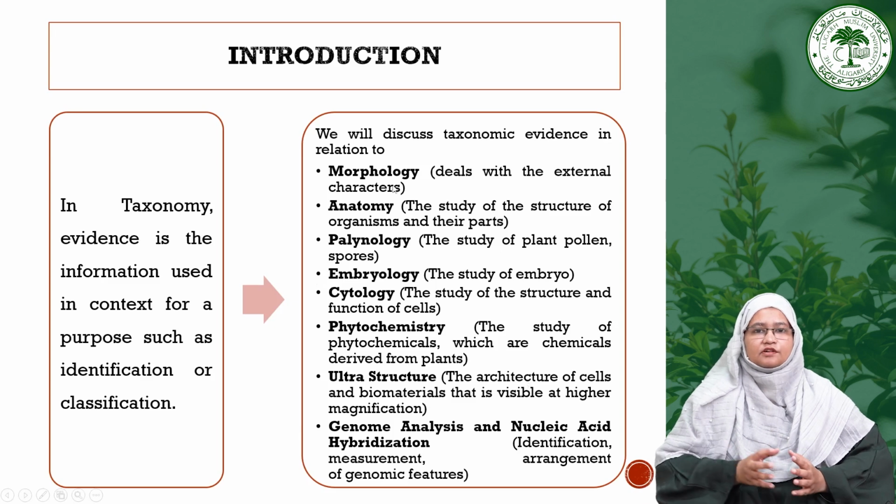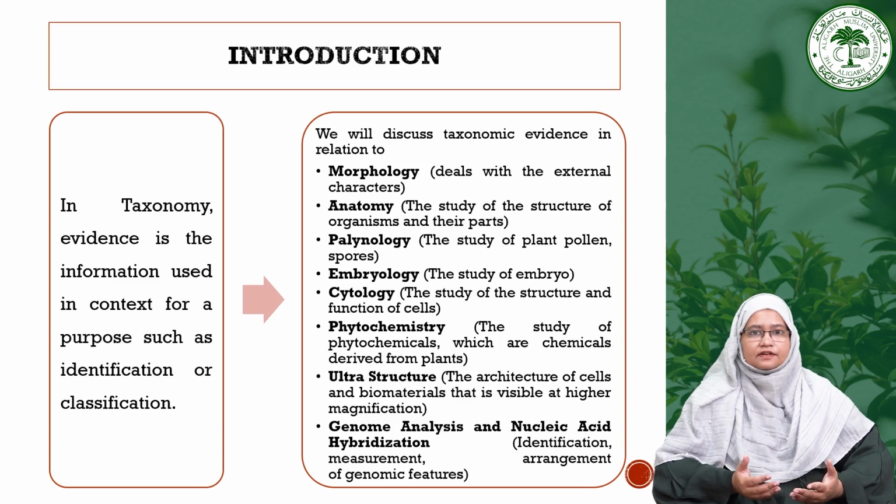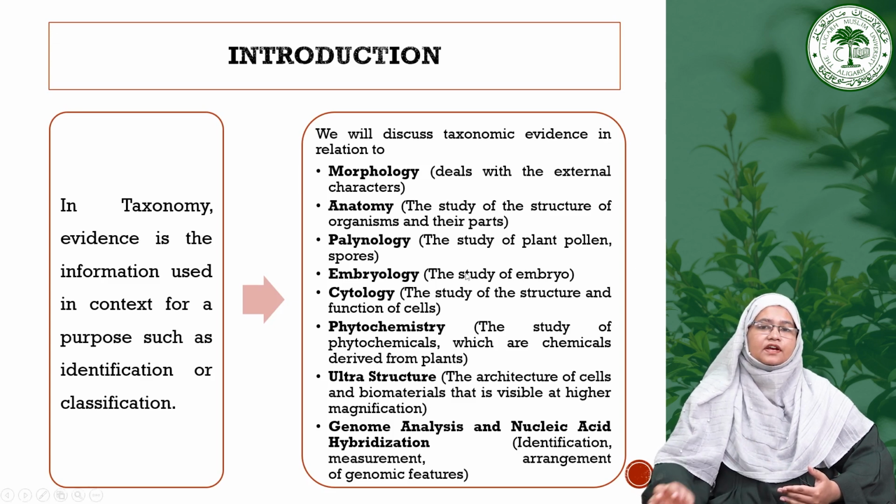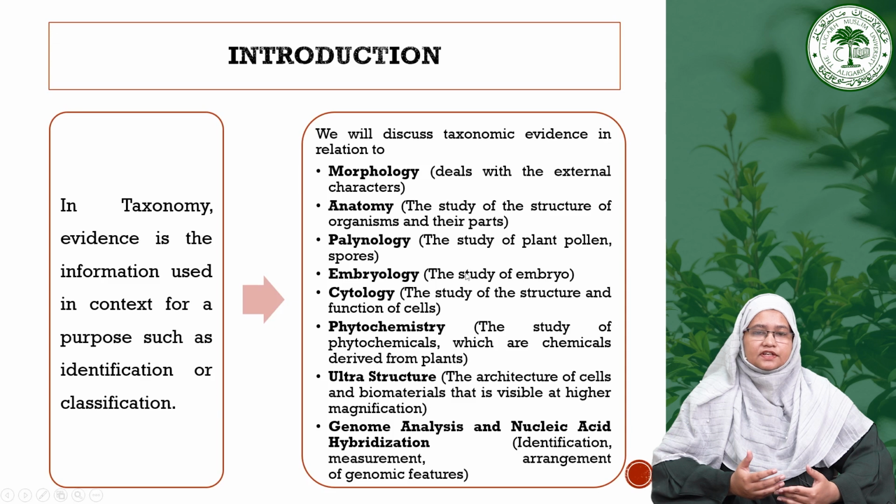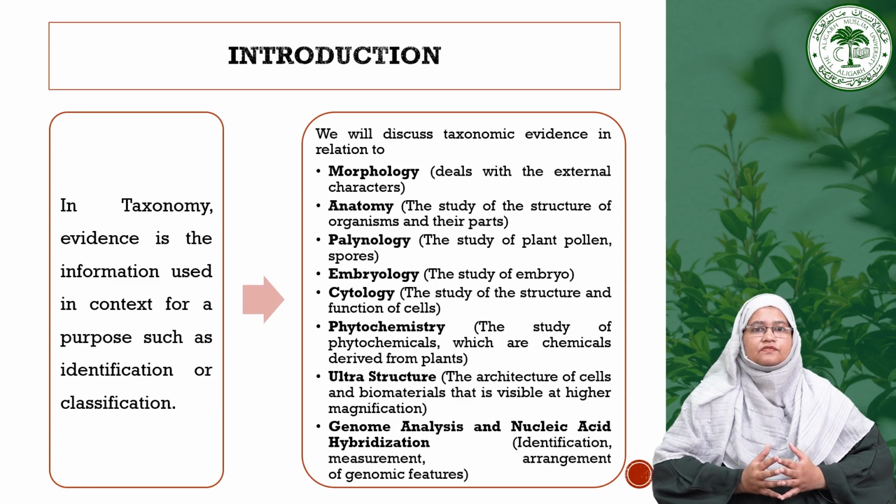The first one is morphology, which deals with the external characters. That is the most important type, because the first thing that we have is the morphological characteristics. For all the other things we have to study further, and that needs time. But first of all, the first thing that we have in taxonomy is the morphology of a particular plant.